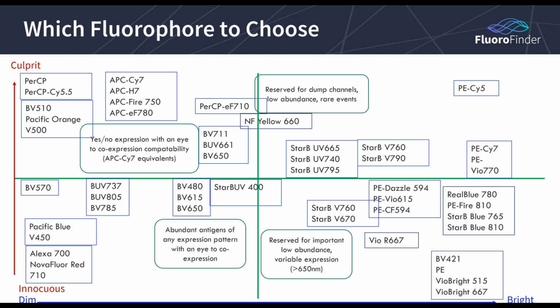Those would be like FITC, well, actually FITC's not very bright, but BioBright 515. If you haven't tried the BioBright dyes from Miltenyi before, I really recommend them. Also the StarBright dyes from Bio-Rad are all alternatives to the Brilliant Horizon dyes. They use different ways of multimerizing. Some of my favorites are PE-Dazzle or CF594.